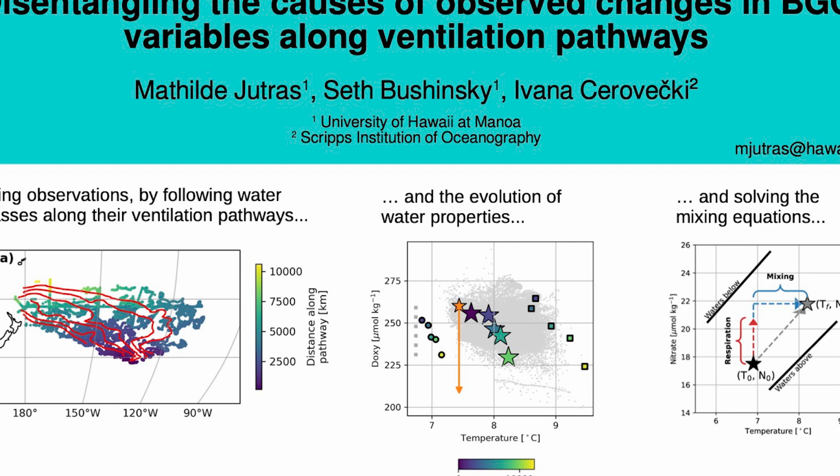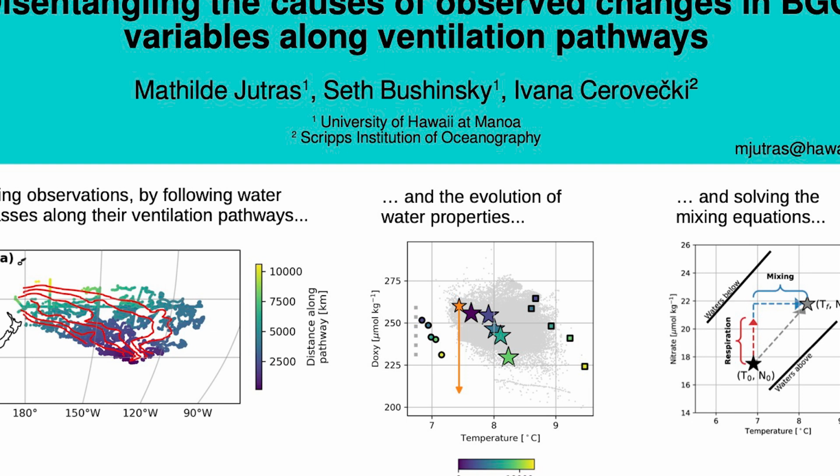And this is what we see on the middle panel on a T-O2 diagram. The colors, from dark to yellowish, mean that we're moving along the pathway. So we can see that temperature is increasing and oxygen is decreasing. But as you can see on the little schematic on the right, if we had only biology changing the properties, we would expect to only have a change in oxygen.